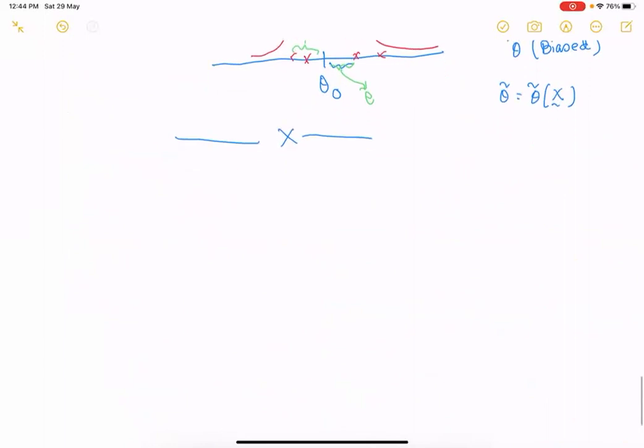Going forward, when we explore more and more complicated problems, for example neural networks, then CNN, all kinds of neural networks, these models are typically so complicated.